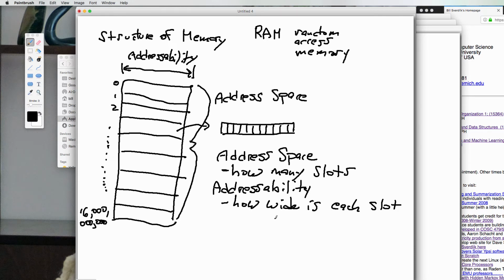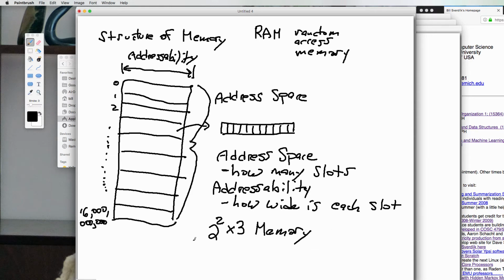So what we're going to do now, and this is actually right in your book, and it's a pretty complicated picture in the book, and I'm going to try and make it simple. I'm not sure if my artistry is going to succeed or not, but in your book they devise a 2 to the squared by 3 memory.